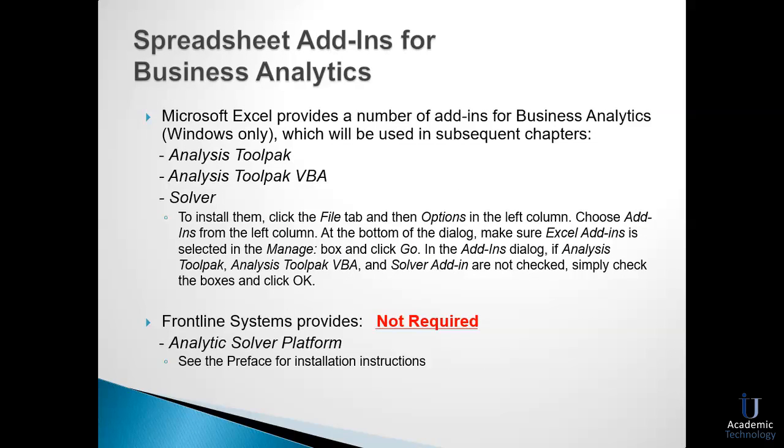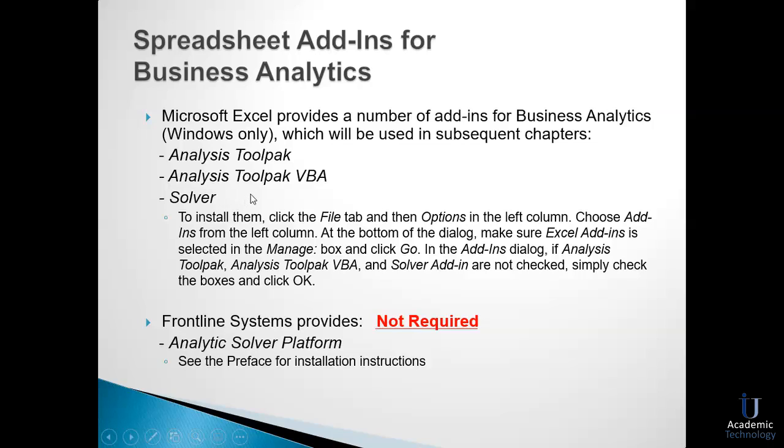And then lastly, for Microsoft Excel, there are some add-ins that do not come with the standard delivered software that you will need to download and install into Excel on your computer. They are the Analysis ToolPak, the Analysis ToolPak VBA, and the Solver.